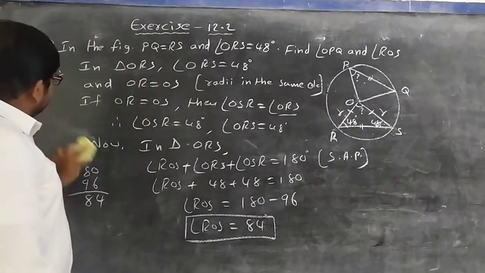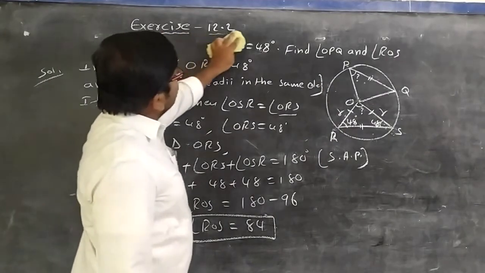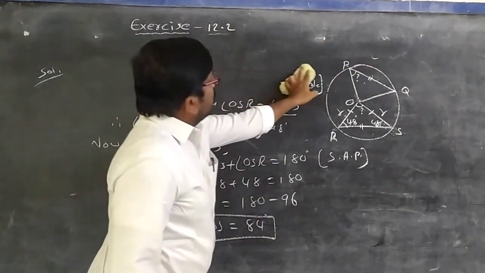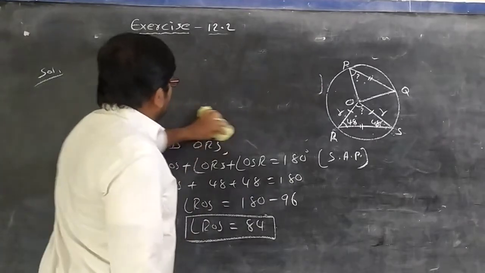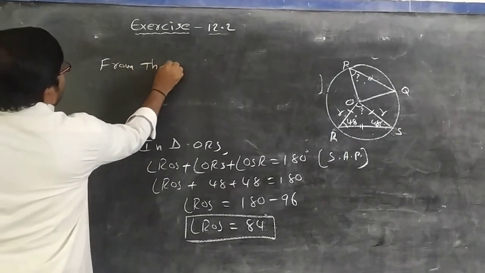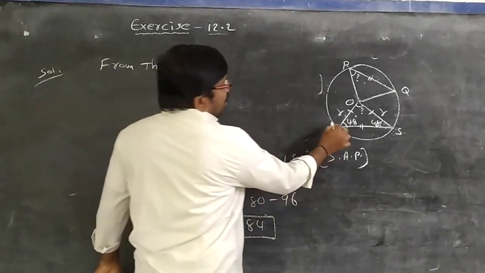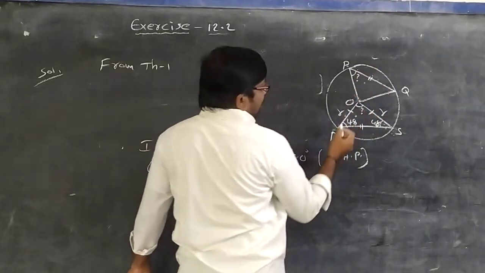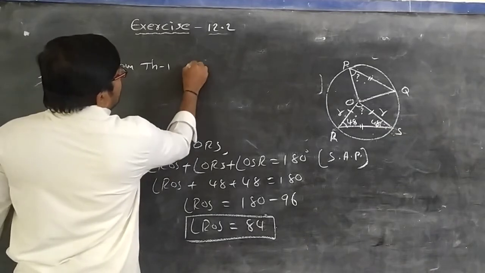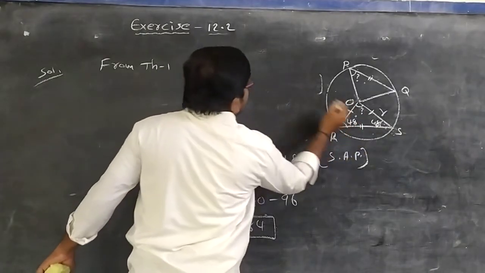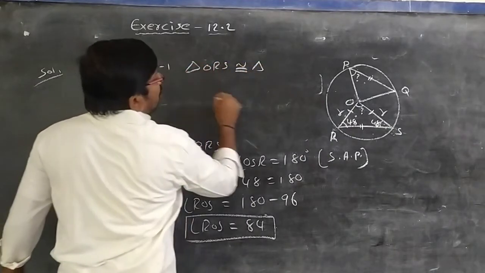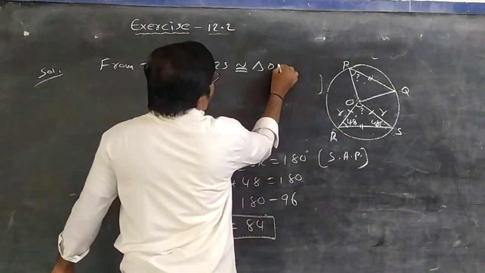So triangle ORS is congruent to triangle OPQ.